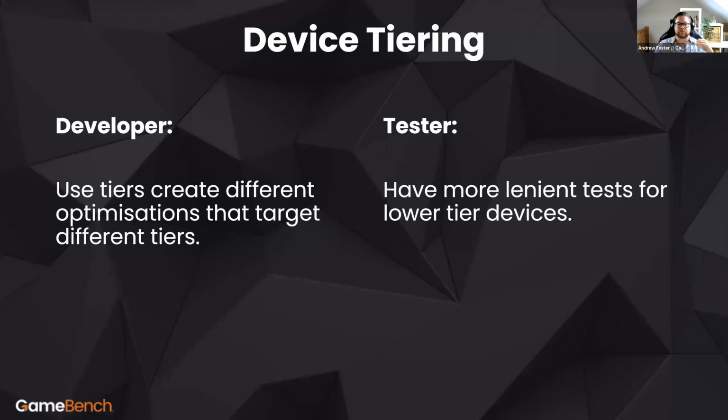Now, this isn't so simple as this, because in reality, we can tier devices. We can treat high-performing devices, mid-tier, or however many tiers you want to have, but you can group devices based on their generalized performance. And you can treat that in 2 ways.